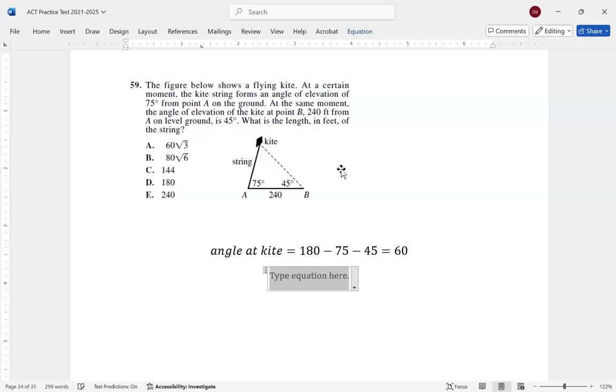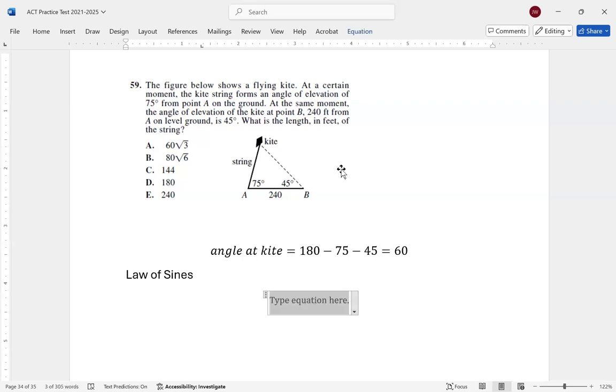All right. Now what we're going to do is apply the law of sines. That's the easiest way to do this.